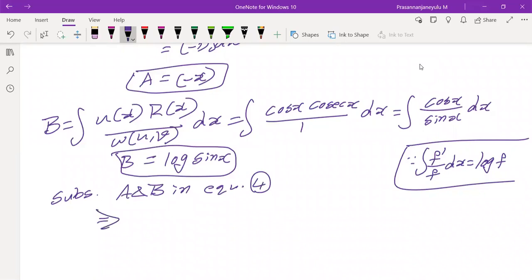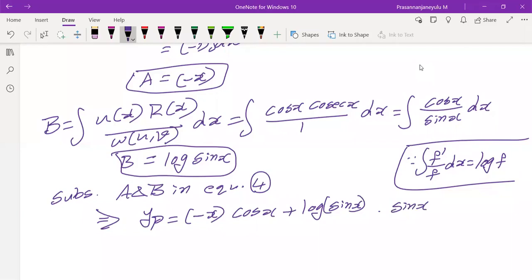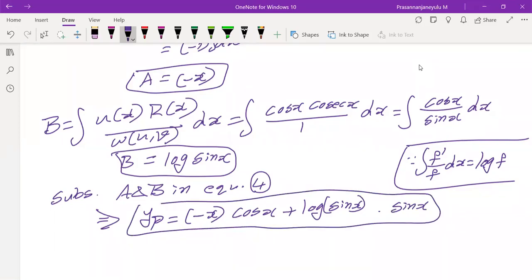Then we are going to get yp is equal to a into minus x into u of x, u of x is cos x, plus b into log of sin x into v of x, v of x is sin x. Please give a little bit of gap. This log of sin x has no relation with sin x. So this is our yp.